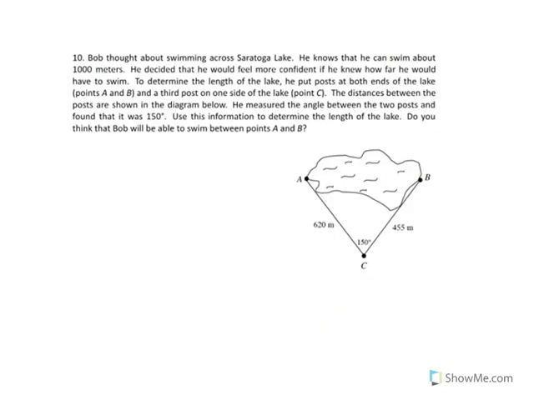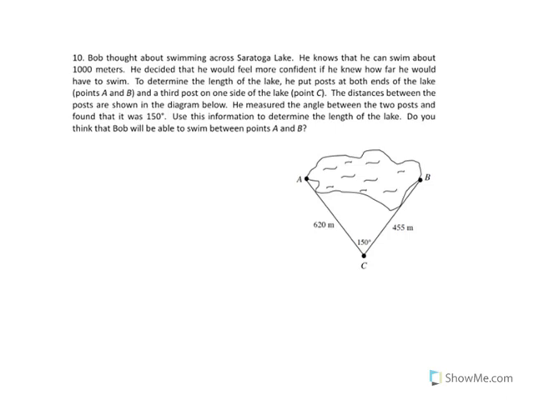Okay, this is the actual test problem for Chapter 5 test, which you guys are going to take on Monday. So you probably should pay attention to this. So it says, Bob thought about swimming across Saratoga Lake. He knows that he can swim about 1,000 meters. He decided that he would feel more confident if he knew how far he would have to swim.